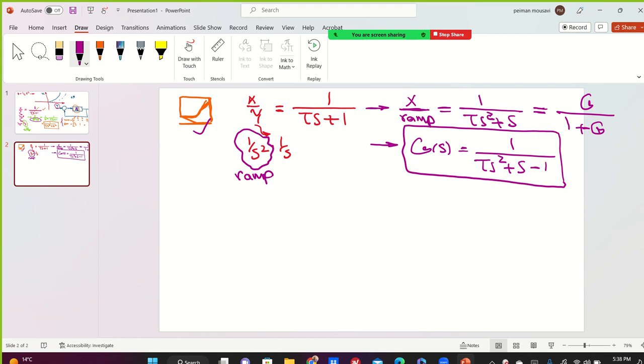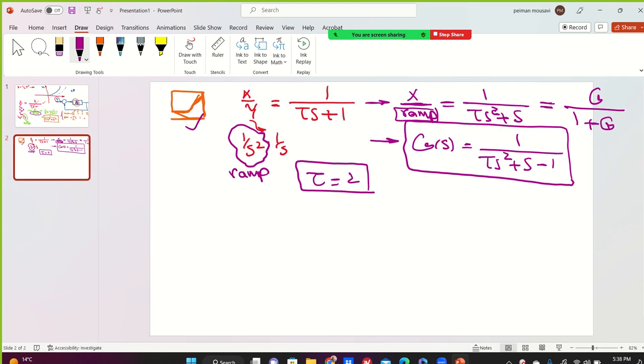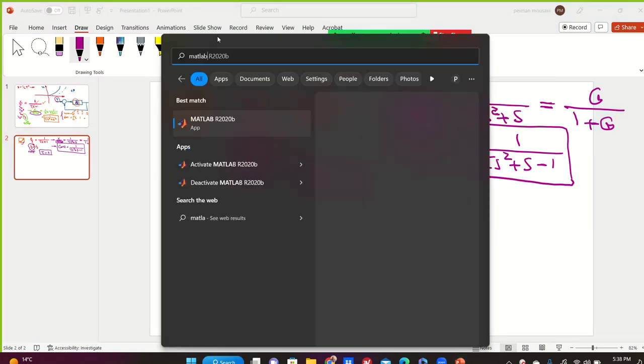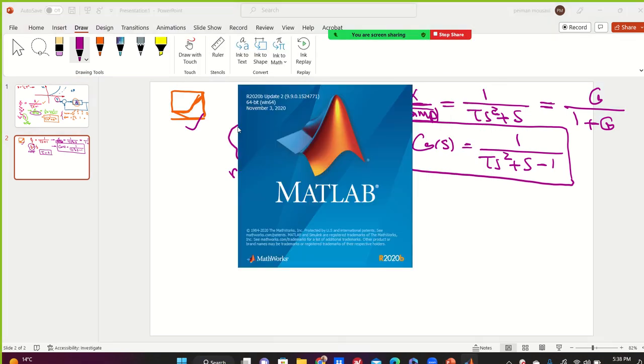For the Simulink, I'm going to go with the ramp input, but with this transfer function. For example, I'm going to stick to tau equal to 2 for the first order systems. Agree, everyone? So now let me go and teach you this in MATLAB. Then I will go to frequency response. It is very important for any order system.